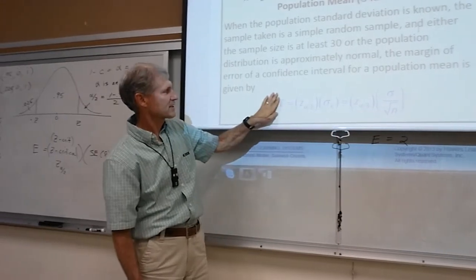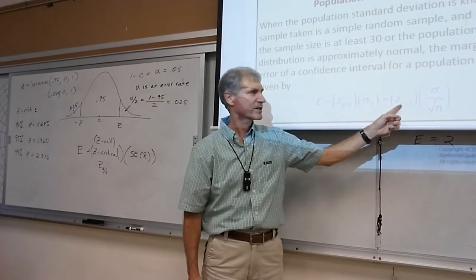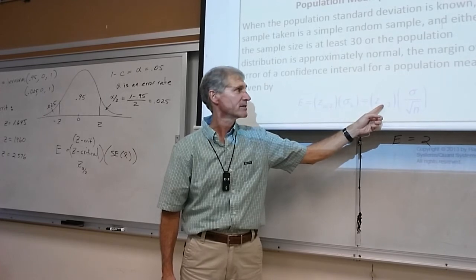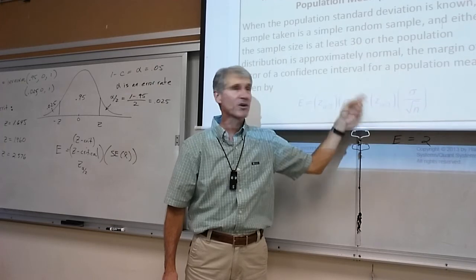You tell me what E is on this side, a 2. You tell me what confidence level you want. I know what Z is. I know the population standard deviation. I can solve for n.